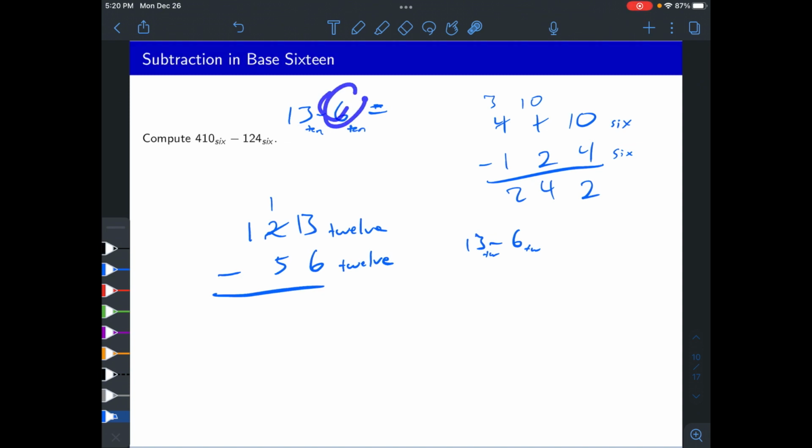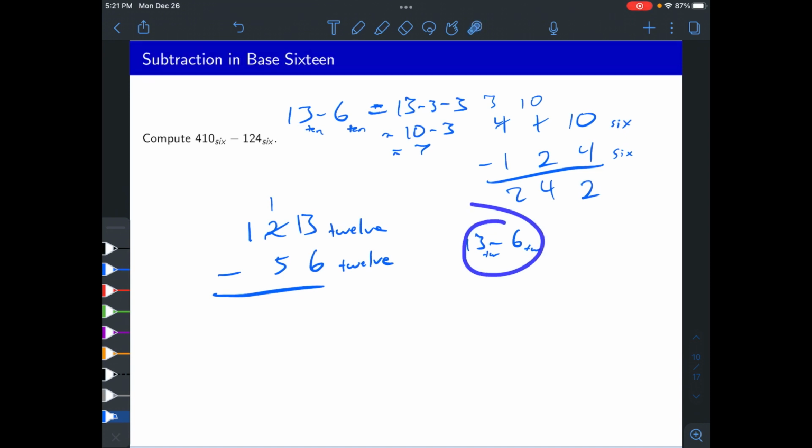One thing you could do is take away 3 first to get to 10, and then count another 3 down. Or just think, 3 plus what gives me 10, and that would be 7.